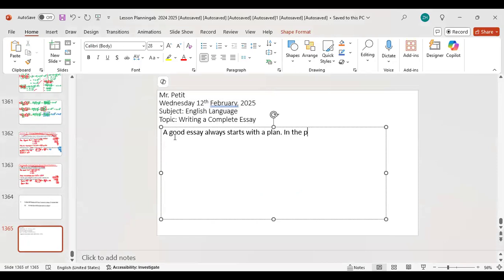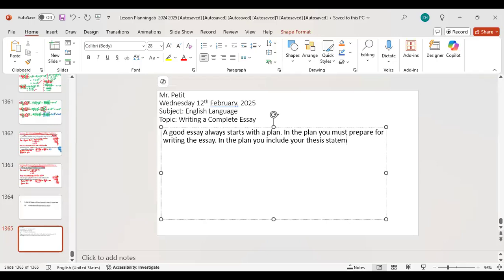In the plan, you must basically prepare for writing the essay. In the plan, you include your thesis statement.